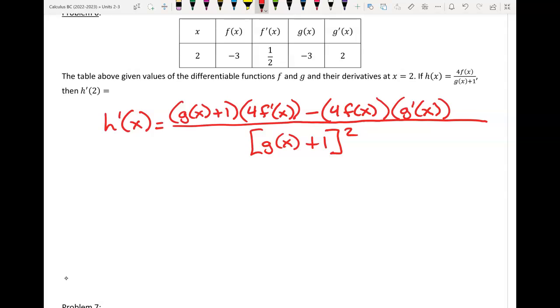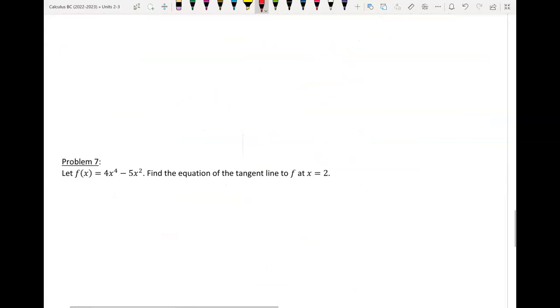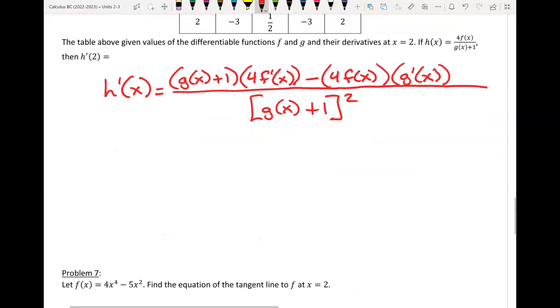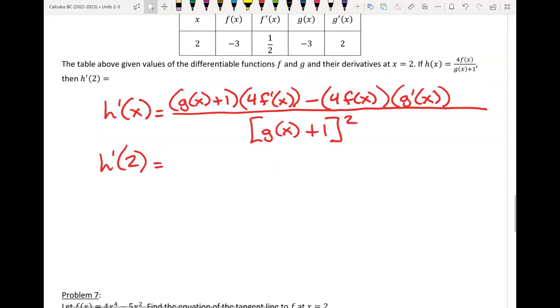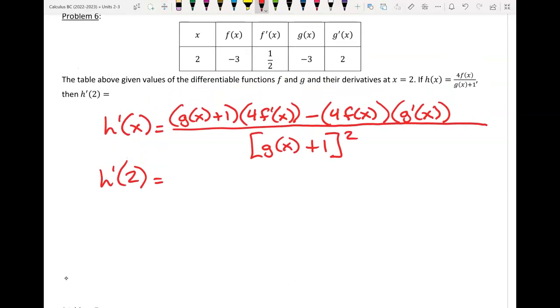Okay, so if we're wanting to find h prime of 2, then that would be g of 2 plus 1 in the denominator. What's g of 2? -3. So we should have -3 plus 1. And 4 times f prime of 2. What's f prime of 2? So times 1/2. Minus 4 times f of 2.